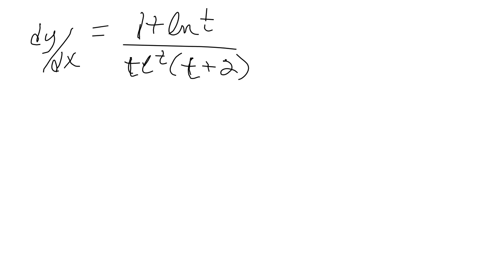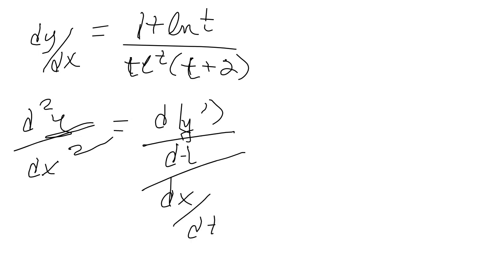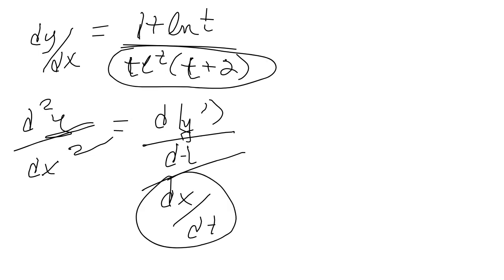But anyway, now I want the second derivative without eliminating the parameter, which is going to be the derivative of y prime with respect to t over dx dt. Okay, dx dt is t e to the t times t plus 2, right? That one, because we already did it before.